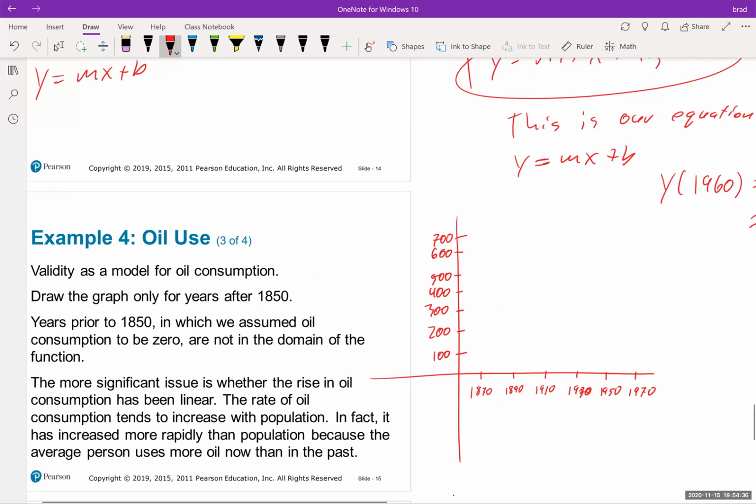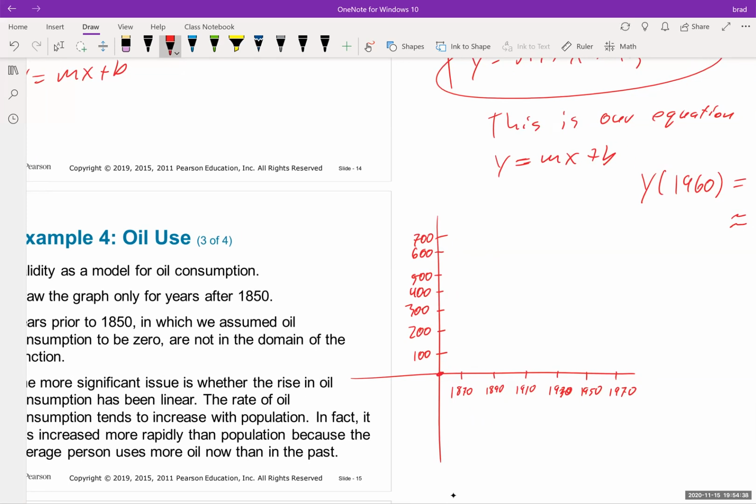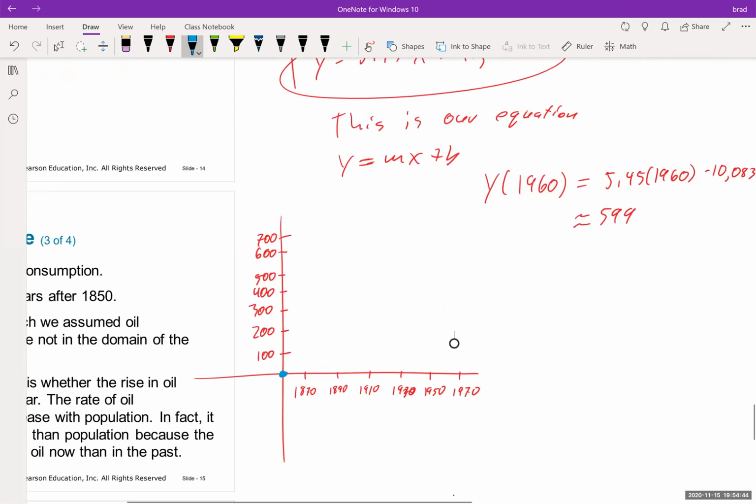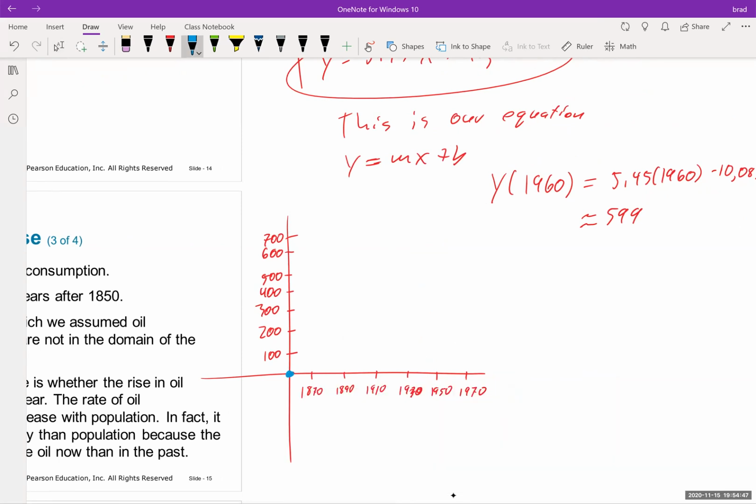Okay, so in the first year, 1850, well, let me do it in blue. The first year, it was there, right? And then it says we go over 5.45. So we rise 5.45 for every 1 year over. See, that's, geez, you know what I'm going to do? I'm going to have to do it this way, just because of the way I'm drawing the graph, I didn't make it.